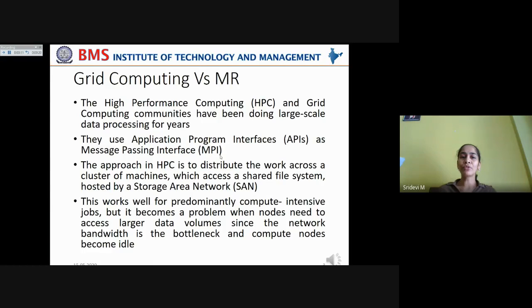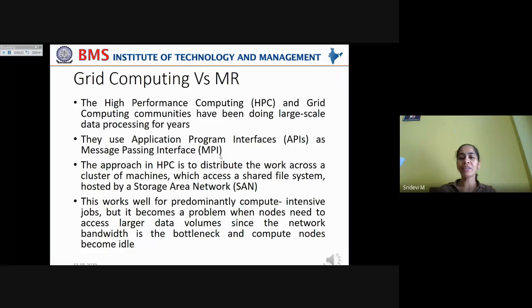But they use application programming interfaces such as message passing interface. They don't have a specific technology which forms the interface between the client and the nodes that are actually storing the data.